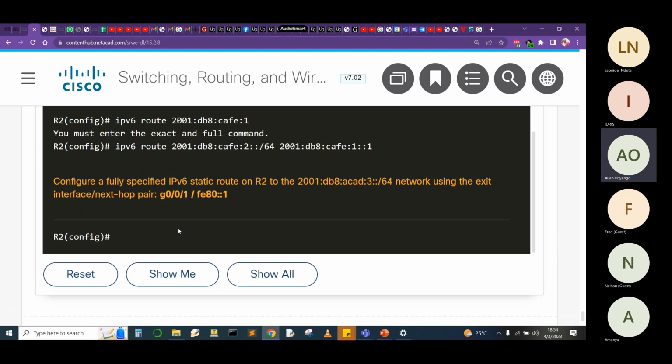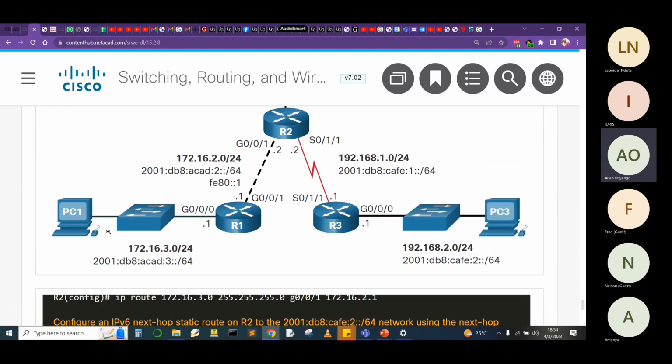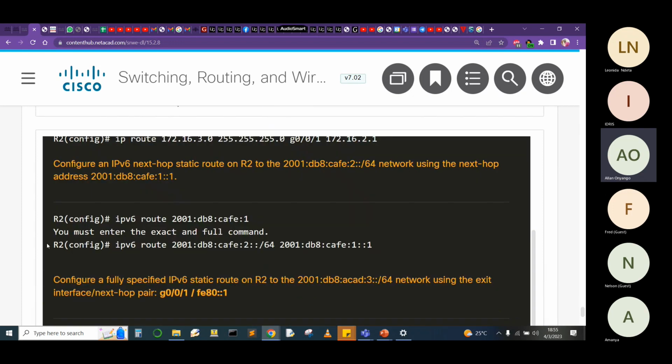Now we do a fully specified IPv6 static route going to acad:3::/64. That is actually here from R2. We are going to acad:3 here, and it is fully specified, which means we need G0/0/1, and we read the next hop here, which is 2001:db8:acad:2::1. So let's see how that goes.